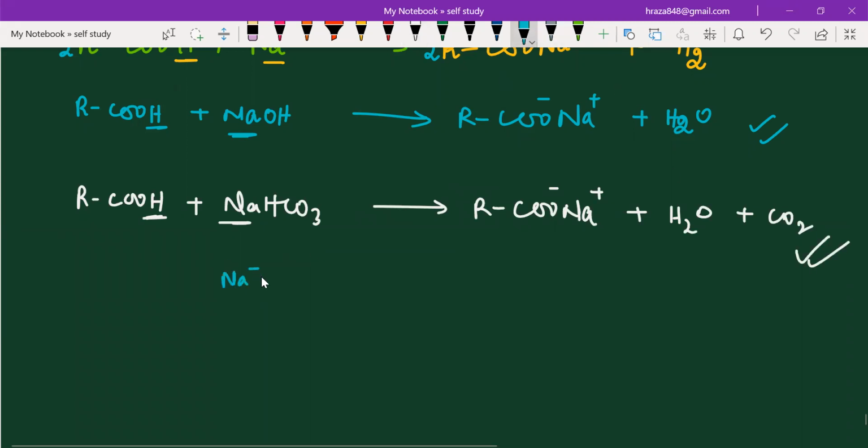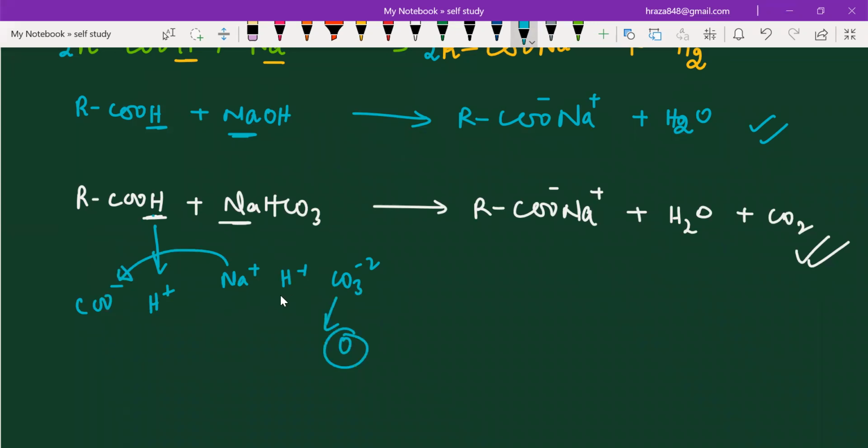The H plus combines with the HCO3 minus, one oxygen comes and combines to form H2O, and the rest forms CO2. It's very easy. With carbonate or bicarbonate, CO2 will almost always be released.